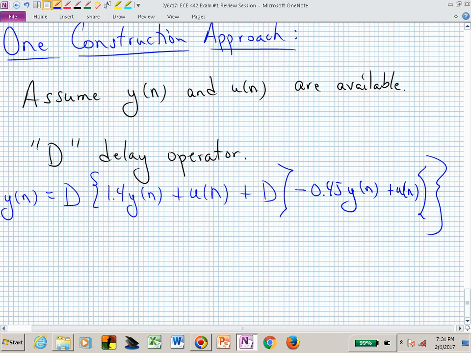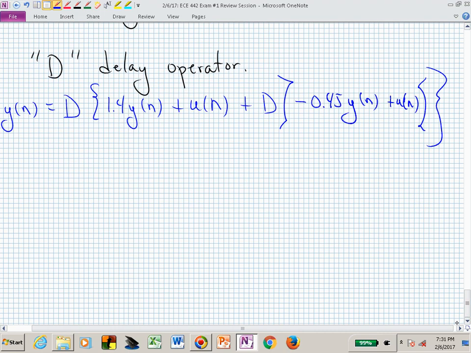Now what I want to do is put this into a block diagram. So I said that I have these signals Y and U available to build with.